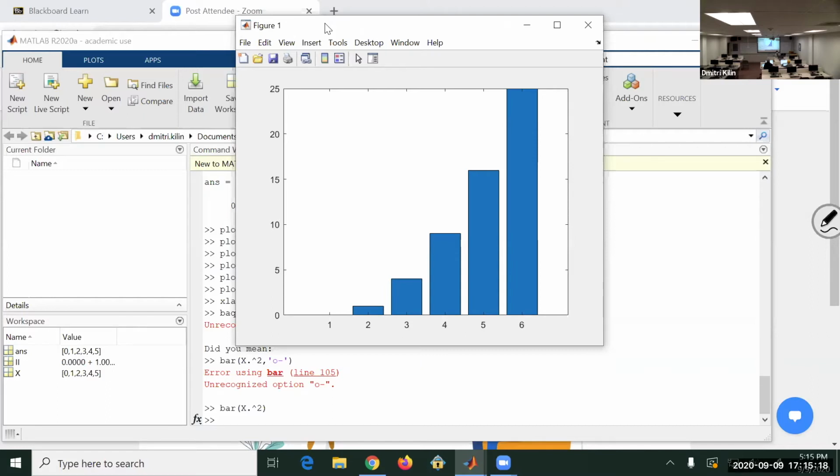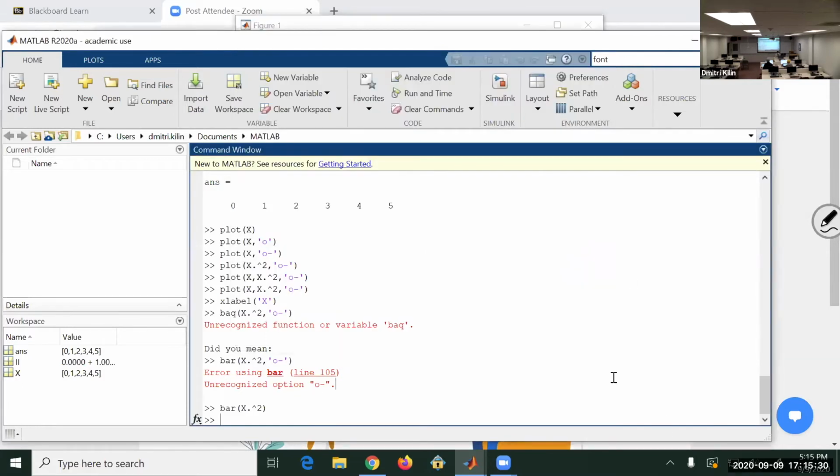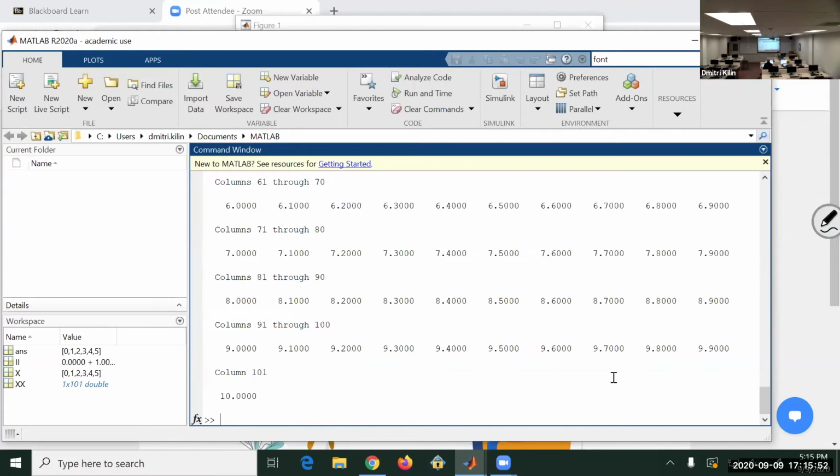If I need to make 1,000 points, I'm not sure that I have enough steam to put them in like 0.1, 0.2, 0.3, right? So there should be some smart way to set up xx equals 0 with step 0.1 up to, let's say, 10. Will it work? Yeah.